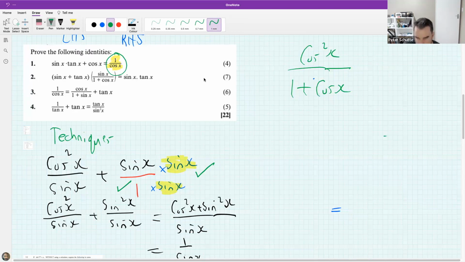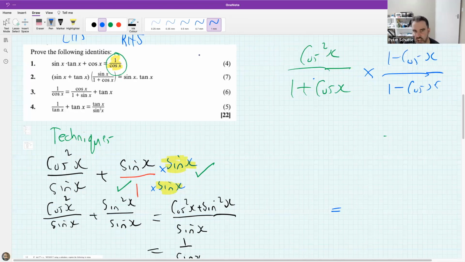Sometimes what you can do is, if you have a situation like this, you've got a fraction by itself. If I multiply the bottom by 1 minus cos x and the top times 1 minus cos x, have I changed the original fraction? Yes or no? So this is my original fraction. I times the top and bottom by 1 minus cos x. Have I changed anything?